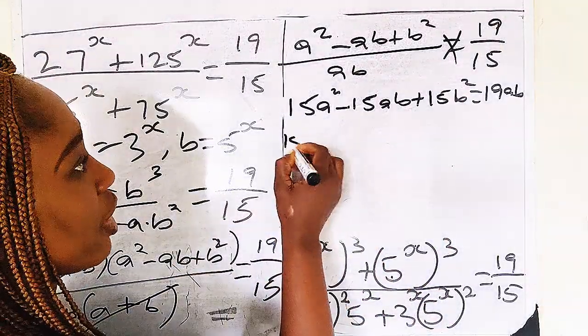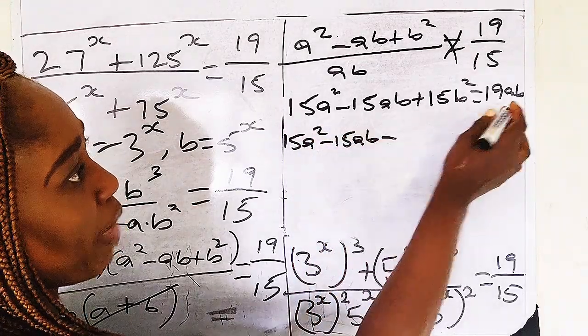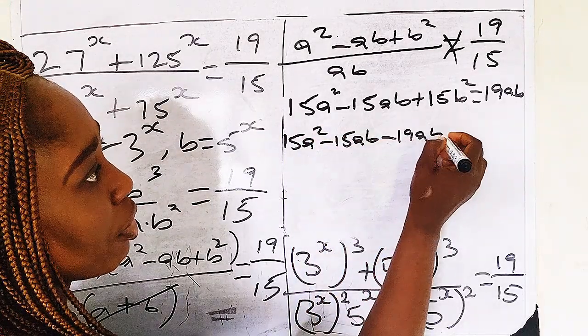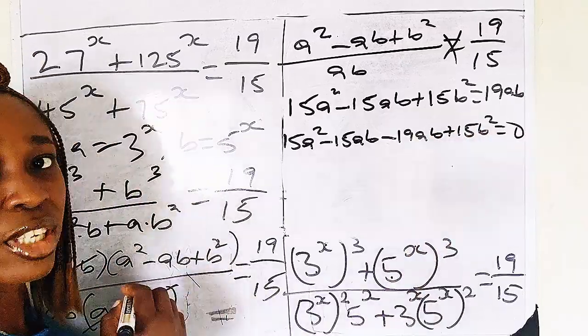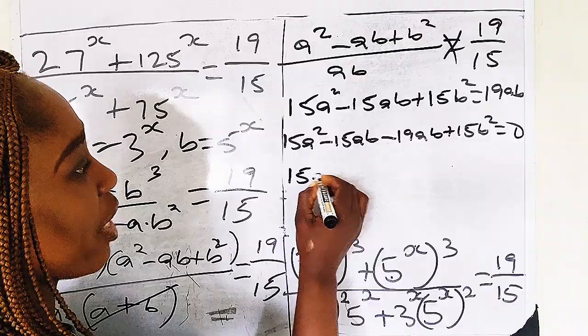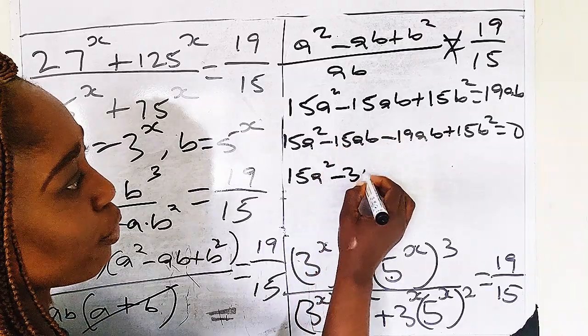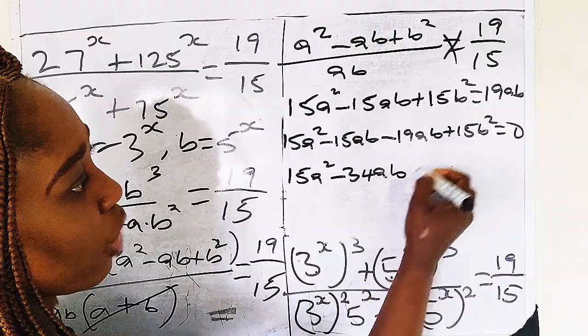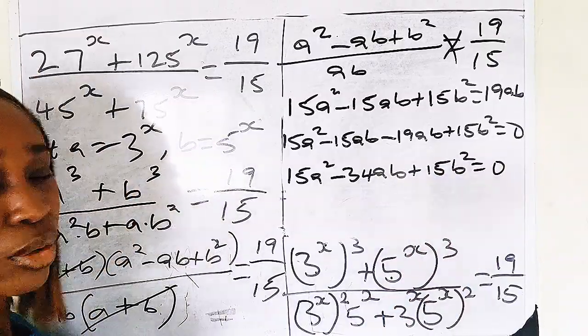So we have 15A squared minus 15AB minus 19AB plus 15B squared to be equal to 0. Minus 15 minus 19 is minus 34AB, I'll have plus 15B squared equal to 0.